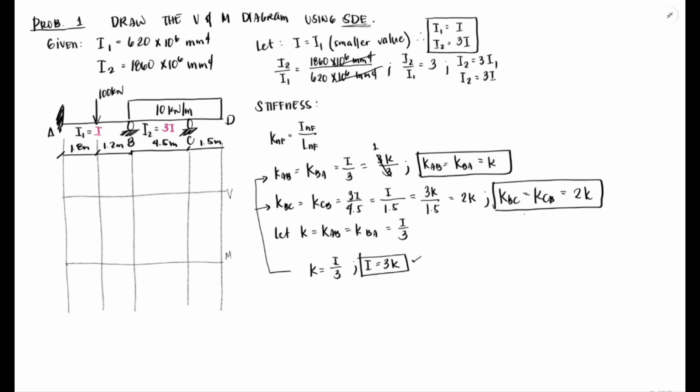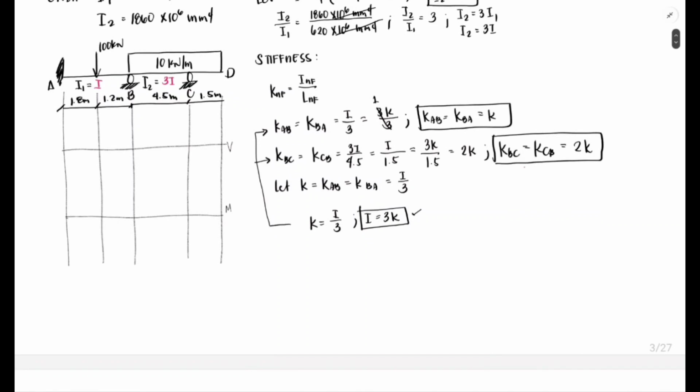Next, right after nito, we have to determine your fixed end moment. Okay, for our fixed end moment, unahin na natin yung AB. So, fixed end moment, AB.